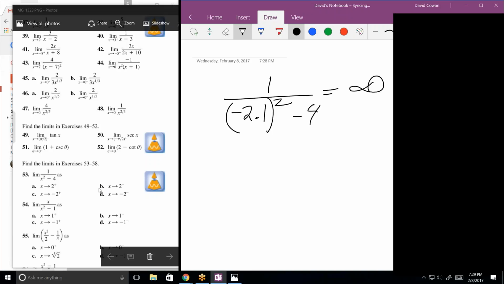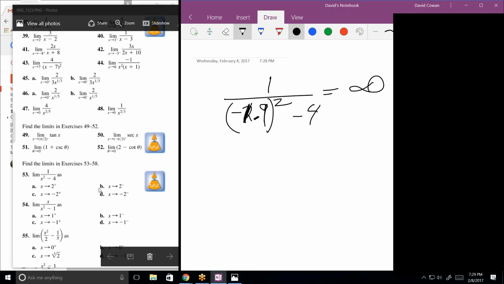And if I approach it from the right, I'm going to put in 1.9. Now when I square that, that turns positive, but I still have a negative denominator, notice. Okay. So when I approach it from the right, it's negative infinity.